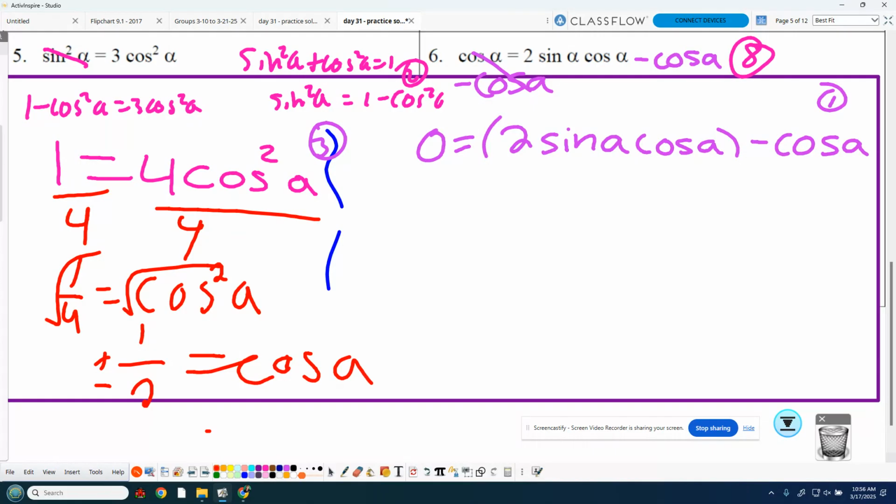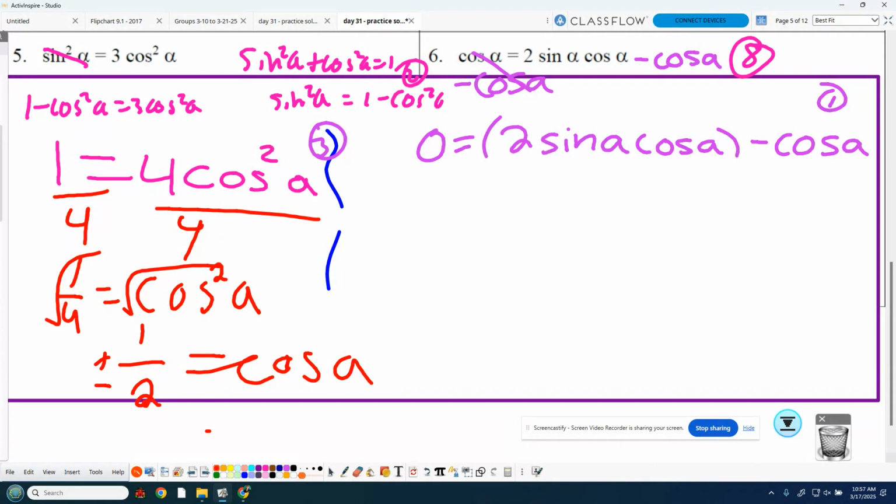You just pull out cosine A. Okay, on the left, divided by 4 and then square rooted. When they square rooted, she did a lot of steps. She did kind of like 3 steps. She said square root of 1/4 is the square root of 1 over the square root of 4. Square root of 1 is 1. Square root of 4 is 2. She added the plus or minus. That's a 2.